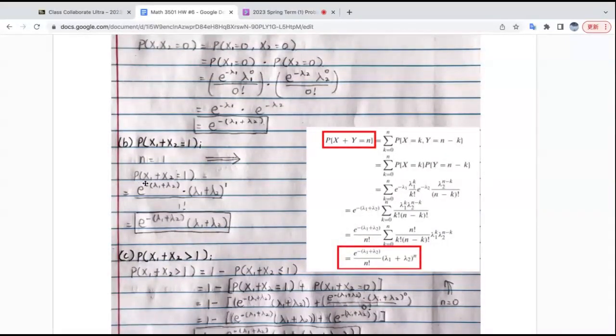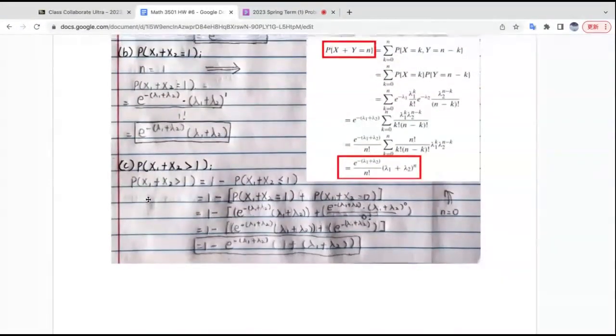The probability of X1 plus X2 equal to 1 is e to the power of negative lambda 1 plus lambda 2, times lambda 1 plus lambda 2 to the power of 1 over 1 factorial. So the answer is e to the power of negative lambda 1 plus lambda 2 times the parenthesis of lambda 1 plus lambda 2.